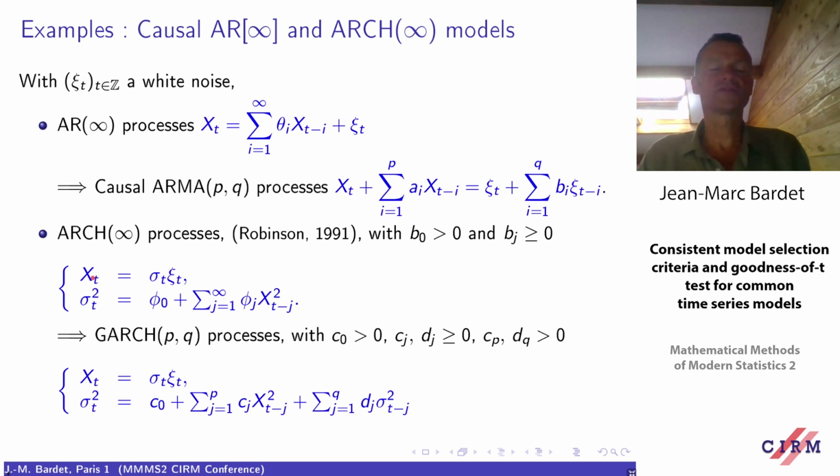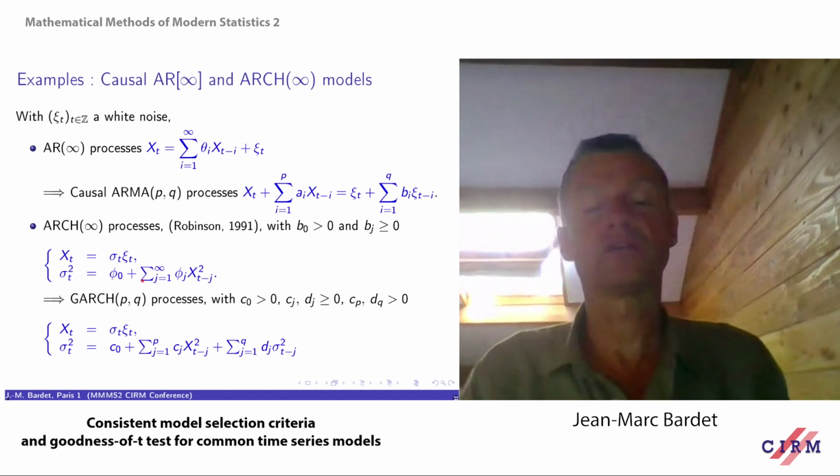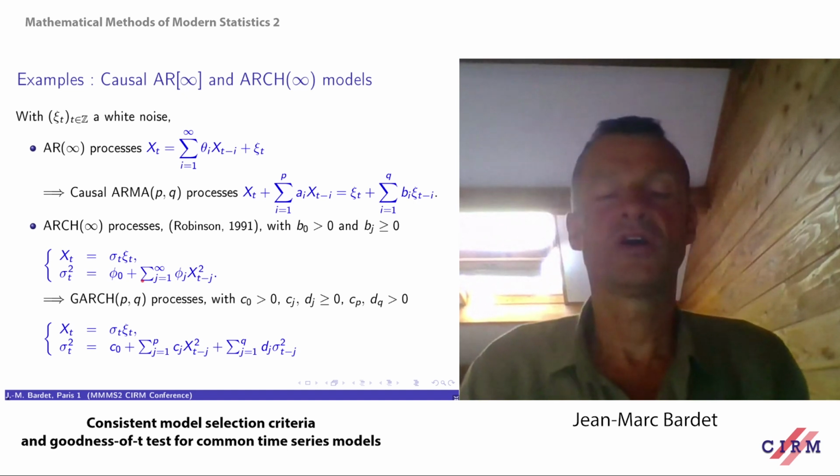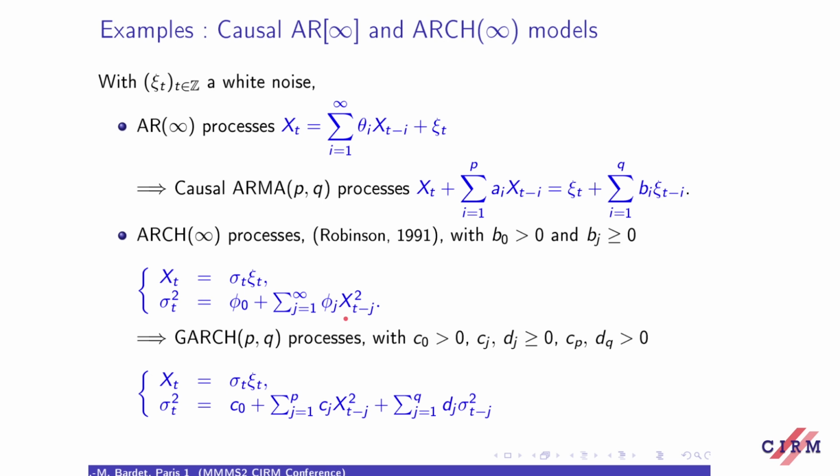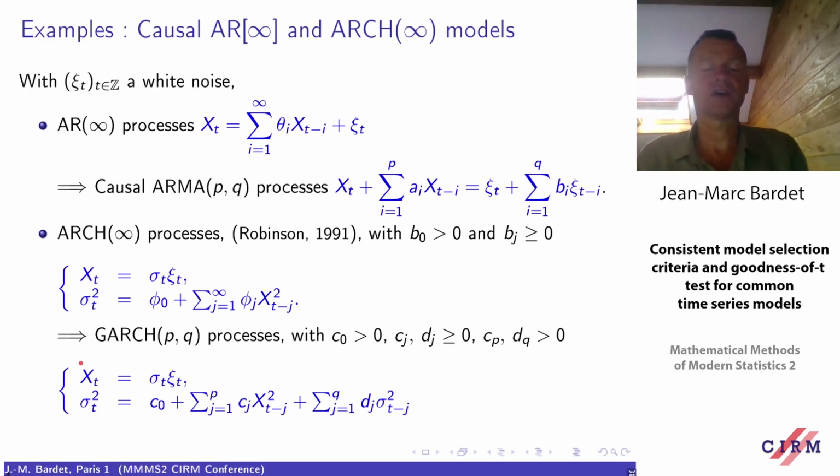This is quite the same definition as GARCH processes, except that the square of the volatility is defined as an infinite linear combination of the squares of the past values of xt. The GARCH(p,q) processes are just a particular case of ARCH infinite processes.